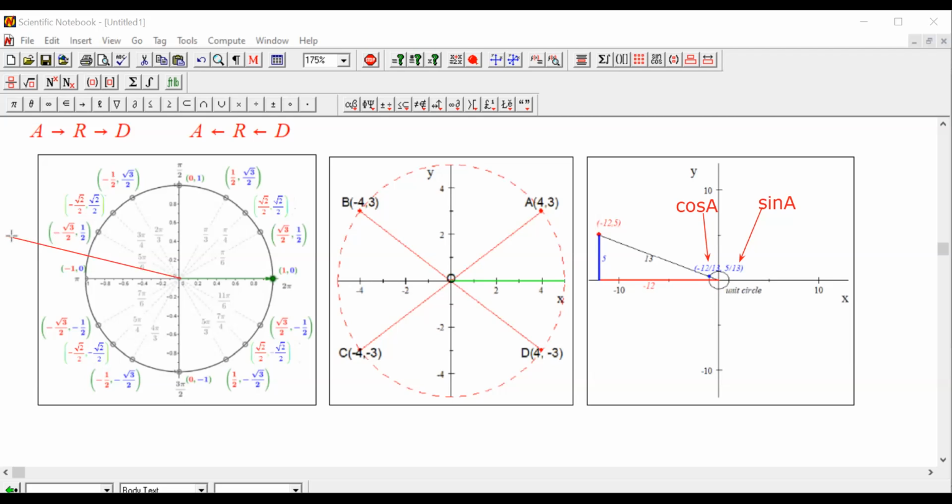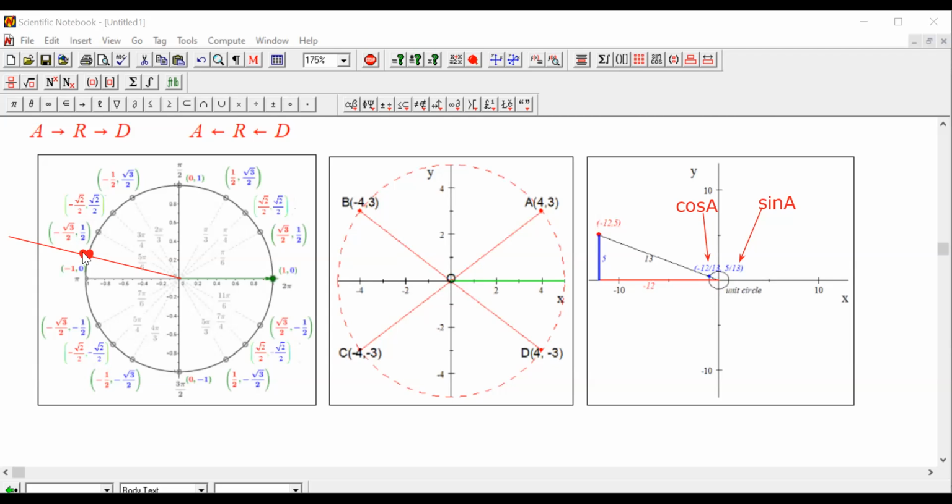And of course this line will keep going and going forever. And negative 12, 5 is going to be way over there, right? And negative 12 over 13 and 5 over 13 will be sitting right here. So even though you see those special points on the unit circle, there are also invisible, non-special points, okay?